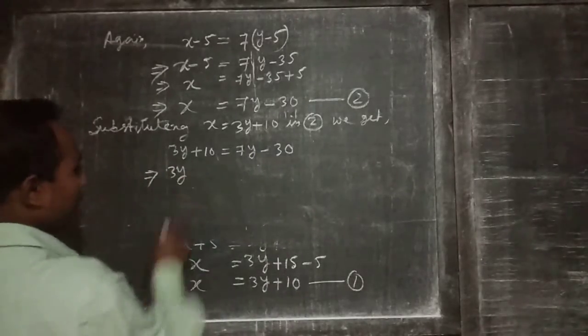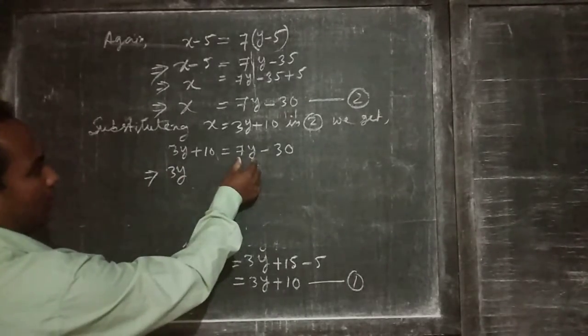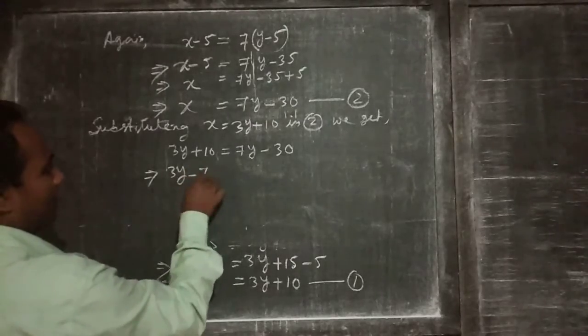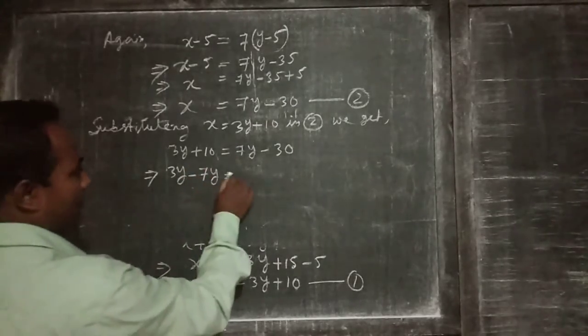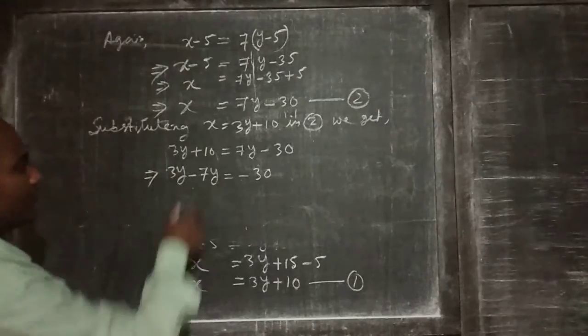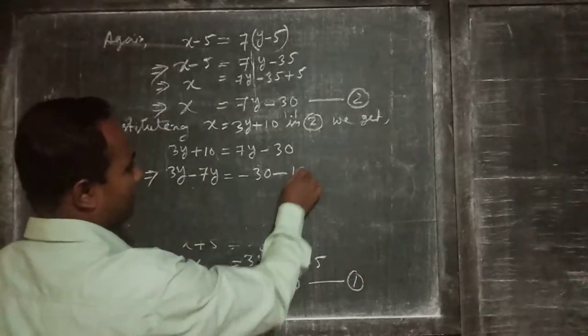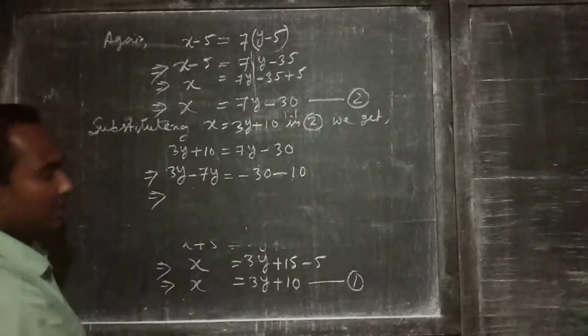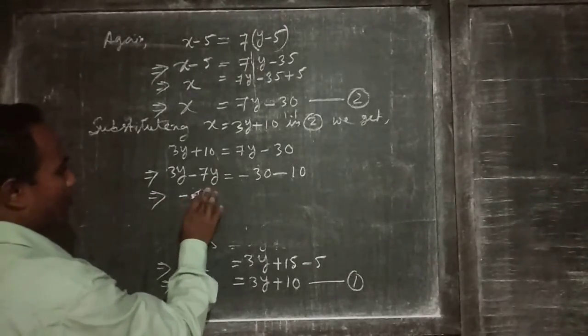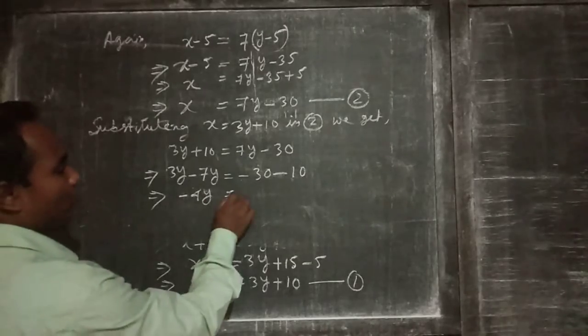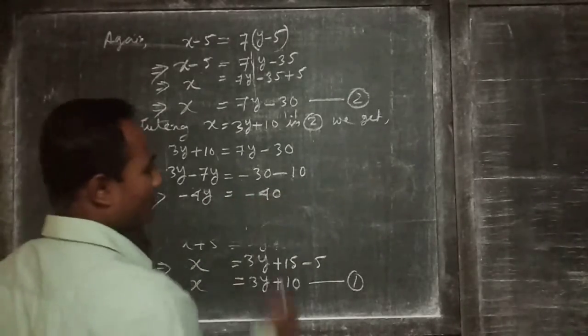Now we have to shift 7y to the left hand side, then it will become minus 7y. And we have to shift 10 to the right hand side, then it will become minus 10. Here we get minus 4y equal to minus 40.